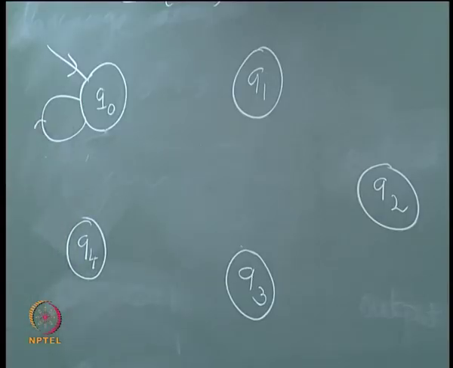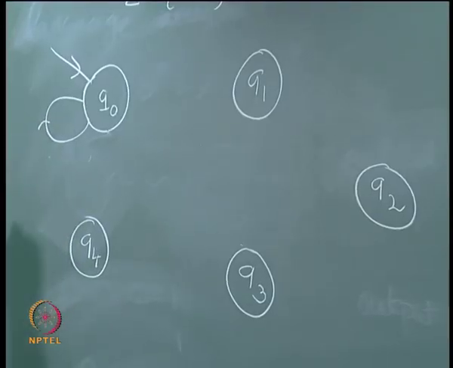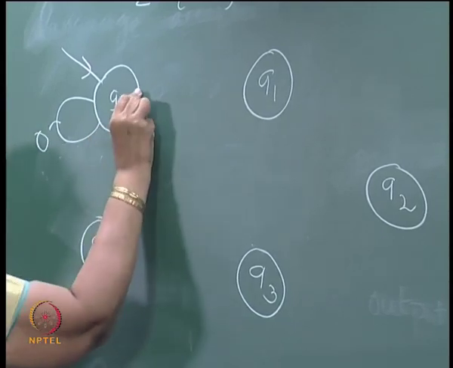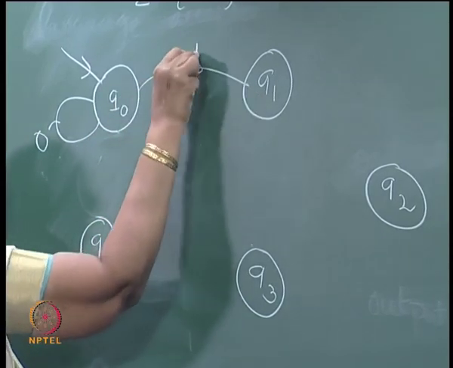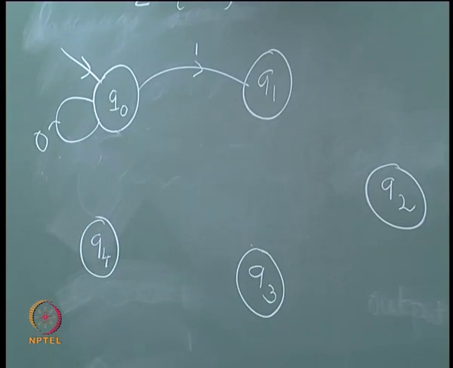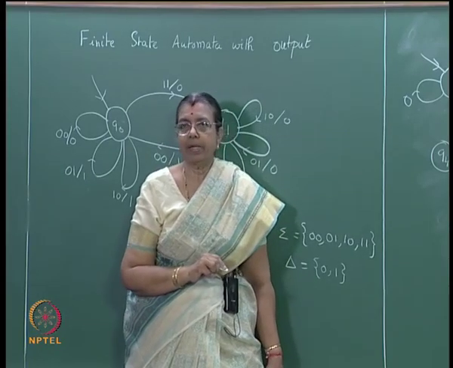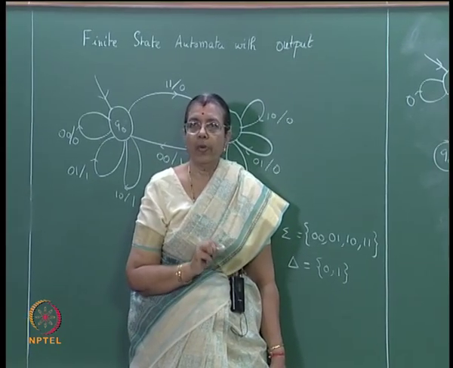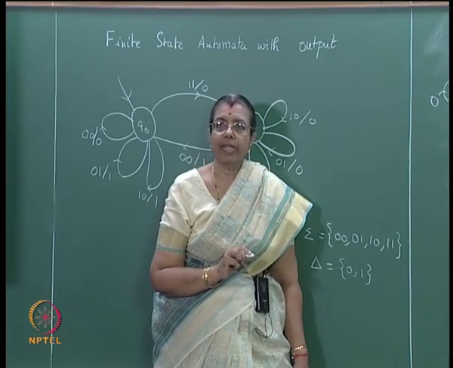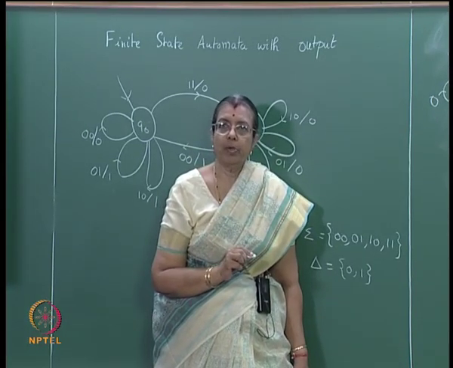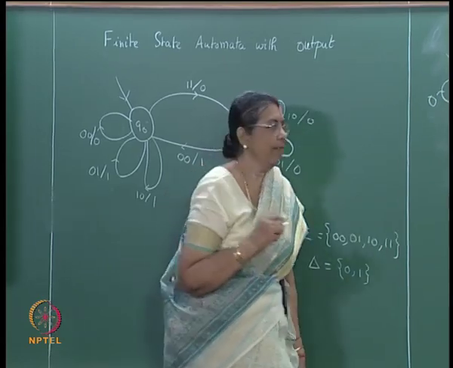First, let me draw the transition functions. Since the input alphabet is 0, 1 and we are considering a deterministic machine, from every node there should be an arc with label 0 leaving, and there should be an arc with label 1 leaving.